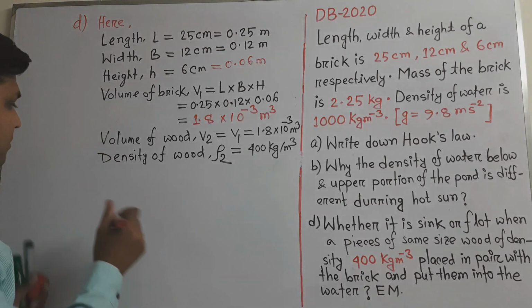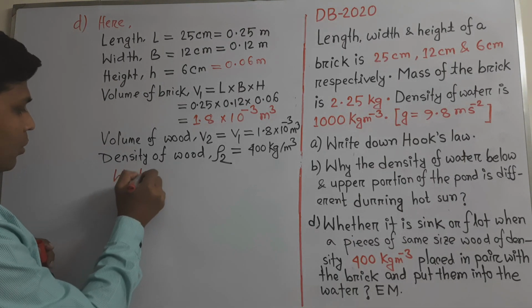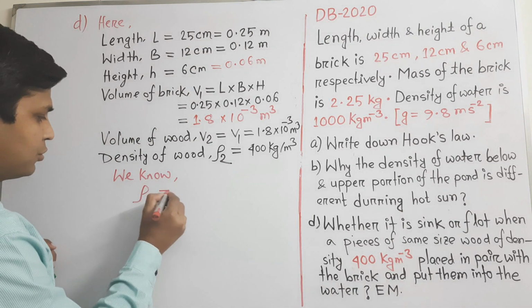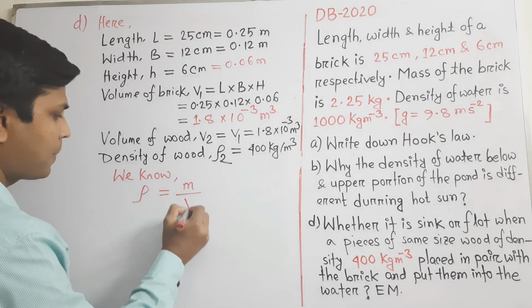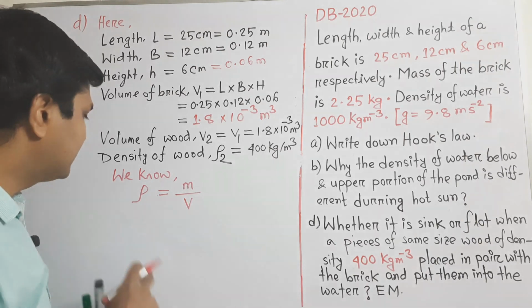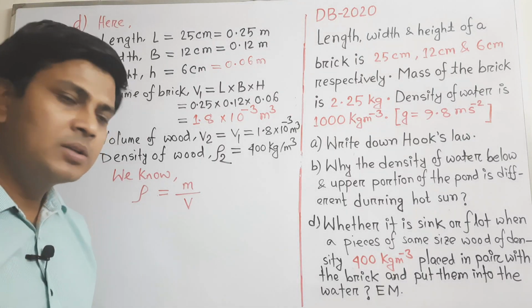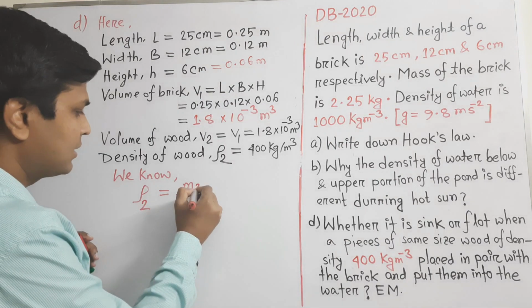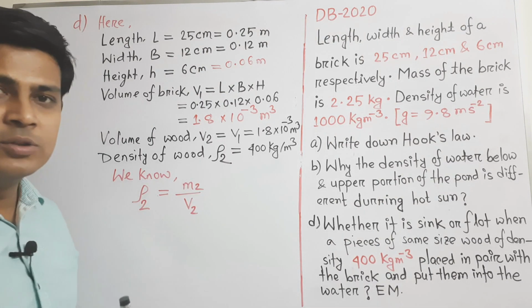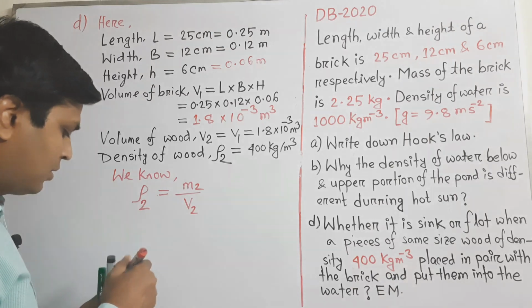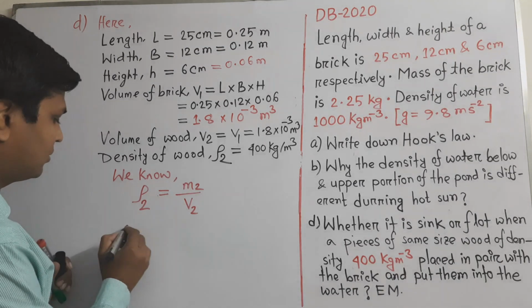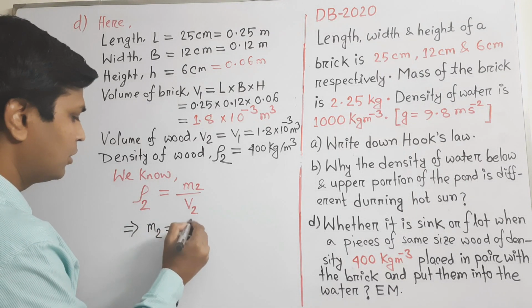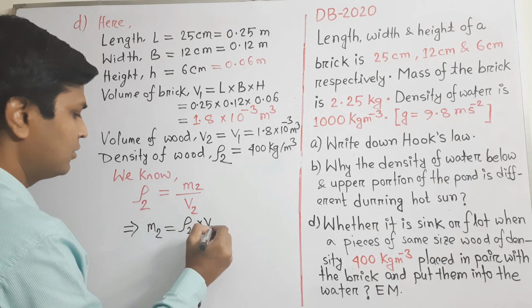So our formula will be, we know, rho equals m by v. As we are going to calculate the mass of the wood, density of wood is rho 2, mass m2 and volume v2. Now we have to calculate the mass, so we can write m2 equals rho 2 into v2.